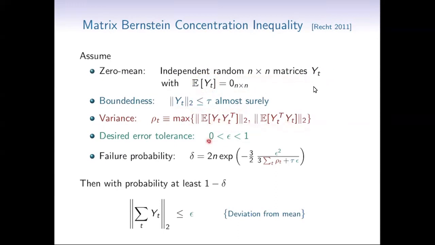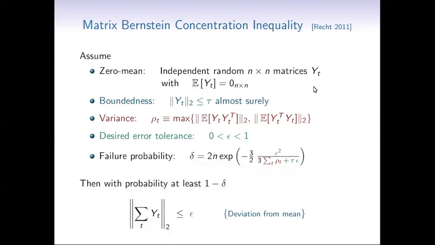Then you find yourself an error tolerance that you can tolerate, and then we can cook up a failure probability. Let's go to that later, so that we can bound the sum of these random matrices by epsilon with this amount of success probability. Because these guys have expected value 0, so does the sum. So this is really the deviation of this sum from the mean, and this holds with probability 1 minus delta.